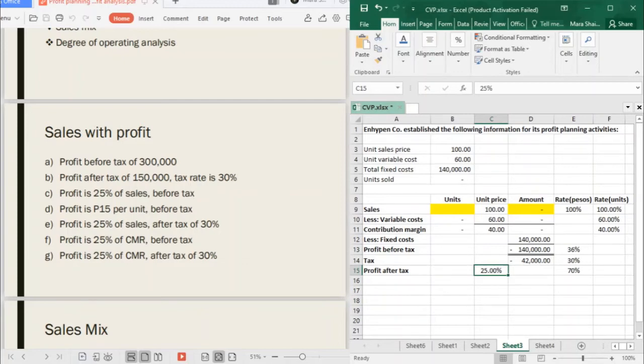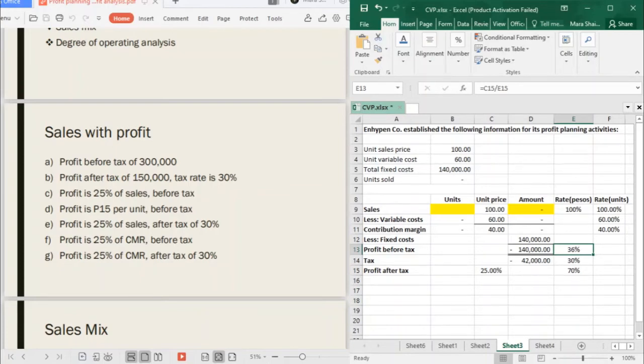So you need to determine what your profit rate is before tax. To get it, it is 25% divided by 1 minus your tax rate. So your profit rate is 36%.